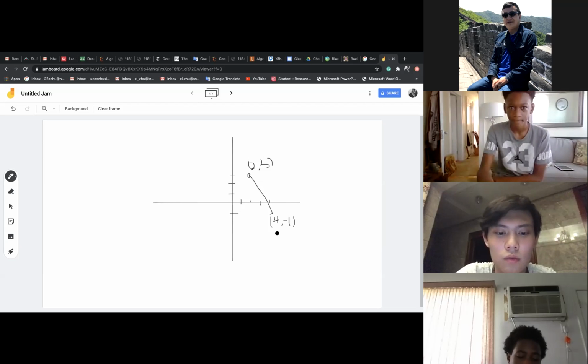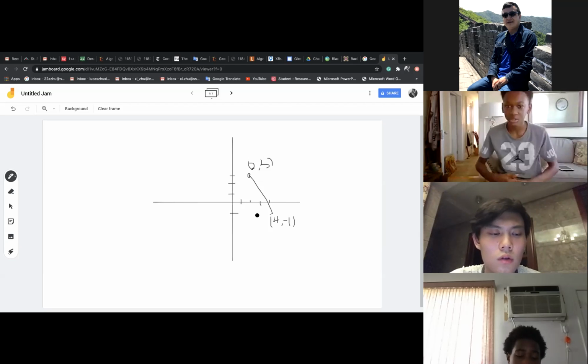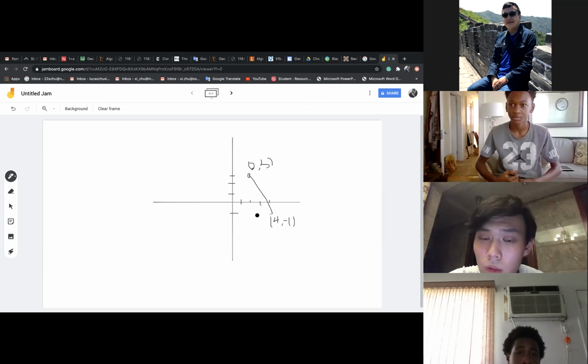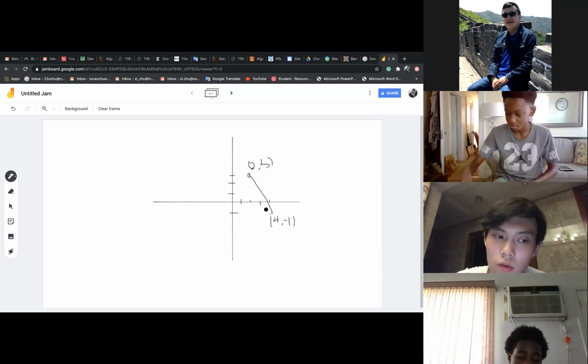Do you have any idea of how to get that? 2, 6. It's a distance though. It's not the midpoint formula.